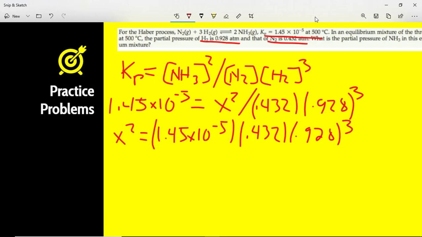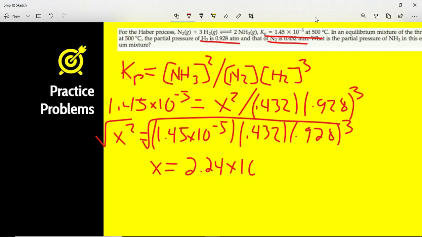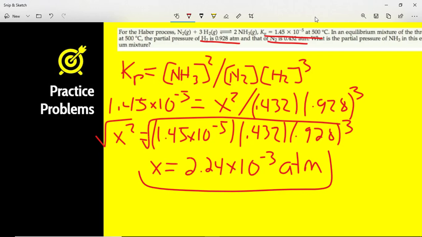Multiply all those numbers together. Remember that in order to get out a square, you have to take the square root of the whole thing. What you find is x is going to equal 2.24 times 10 to the negative third. Now remember, when we solve for x here, we're looking at the partial pressure, so this needs to be in atm. All right. Pretty straightforward on how to go through and do that as well. So let's move on to one more type of problem, and we'll go from there.